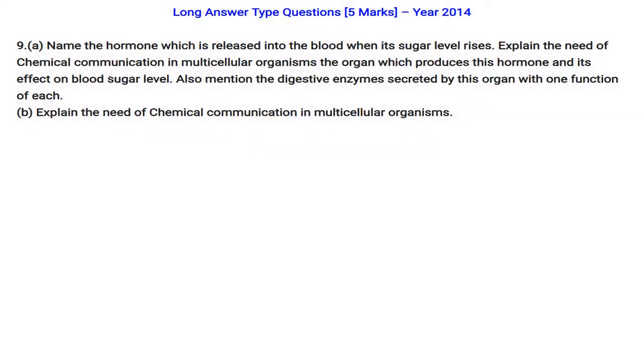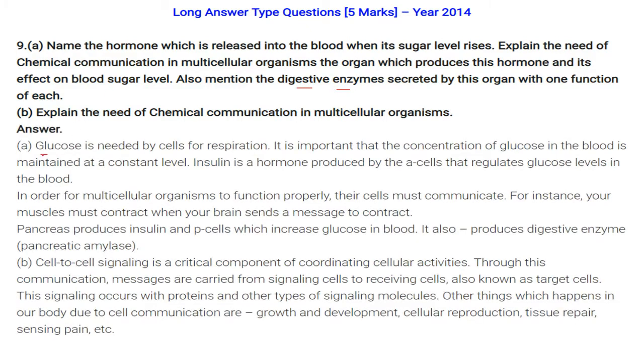Name the hormone which is released into the blood when its sugar level rises. Explain the need of chemical communication in multicellular organisms, the organ which produces this hormone, and its effect on the blood sugar level. Also mention the digestive enzymes secreted by this organ with one function of each. Glucose is needed by cells for respiration, so it becomes important that the concentration of glucose in the blood is maintained at a constant level.